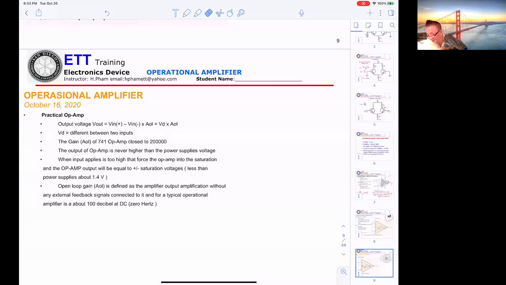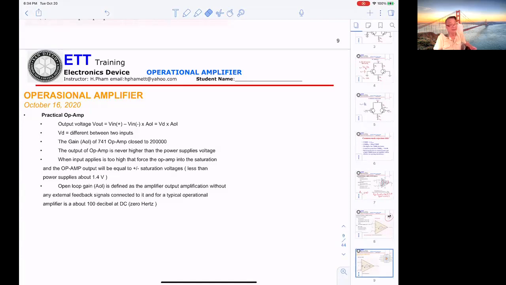The open loop gain of the 741 op-amp is close to 200,000. When you buy the op-amp, you can find this in the spec. Open loop gain is built in by the manufacturer. Output of the op-amp is never higher than the power supply voltage. This is very important.